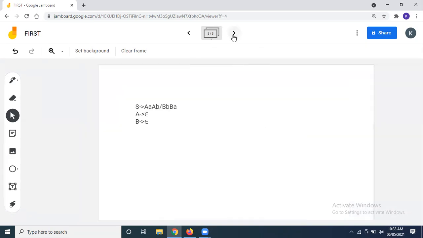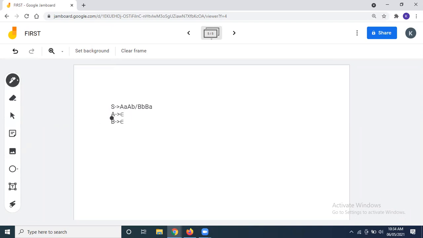So see here now. What is first of S? Tell me now. S is what we have, A, a non-terminal symbol. But in A we have epsilon. So if that is the condition, what we have to do is write epsilon here, since A derives epsilon.